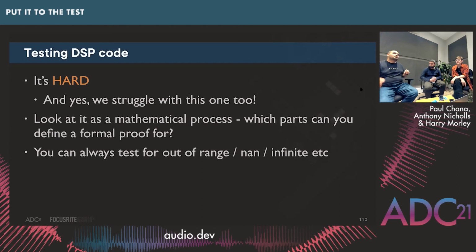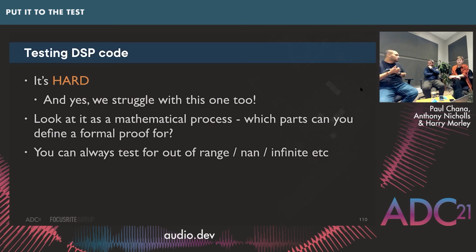For true DSP, things like filters, I would start to approach it as a mathematical process. The likelihood is that for those kinds of bits of code, you're either copying from some sort of formal proof, or you've created some sort of mathematical version of it, in which case you can directly reference that as the mathematical proof.